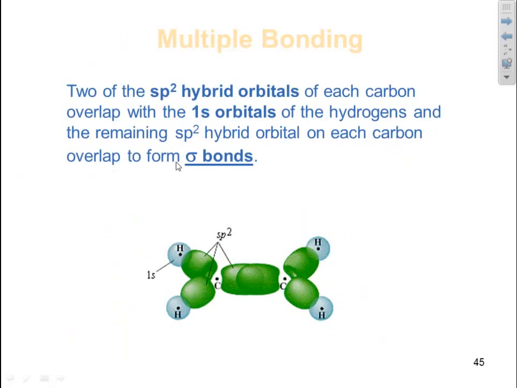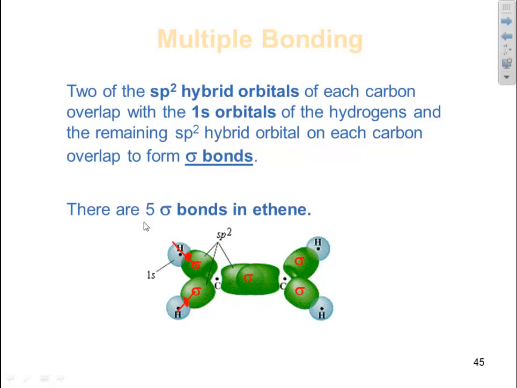2 of the sp2 hybrid orbitals of each carbon overlap with the 1s orbitals of the hydrogens, and the remaining sp2 hybrid orbital on each carbon overlap to form sigma bonds. So this is that ethene example again. And what we're saying here is that you have sigma bonds occurring with your sp2 s overlaps. These are all based on your axial. Okay, so your overlap is along the axis.